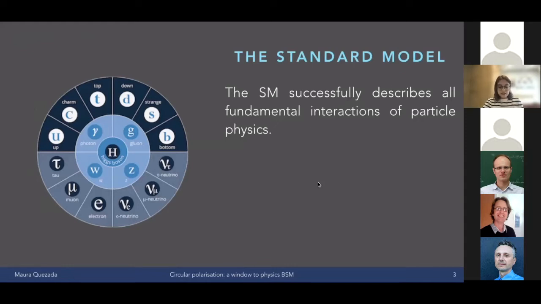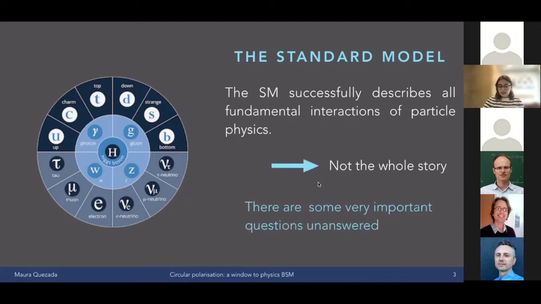This theory contains all fundamental particles and describes how the universe is made of quarks and leptons, and also how these particles interact among themselves and how they obtain their mass through the Higgs mechanism, except for the neutrinos, of course, in the framework of the standard model. However, this is still not a complete theory. There are still some questions that we need to answer, and we need to look for answers in physics beyond the standard model.